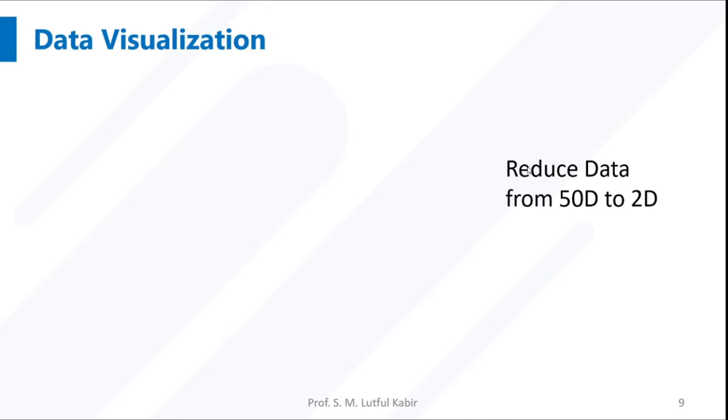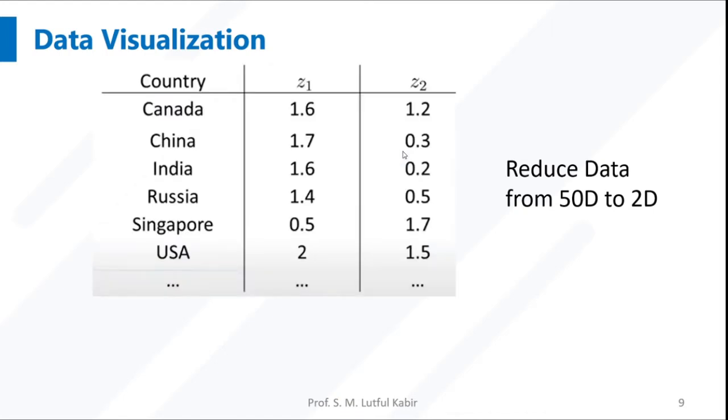then it may be possible to visualize the pattern for a certain data set. For example, if I reduce the data from 50 dimensions to 2 dimensions, and let us say the variables are z1 and z2, combining the given data, we can find two variables z1 and z2 for each and every country.